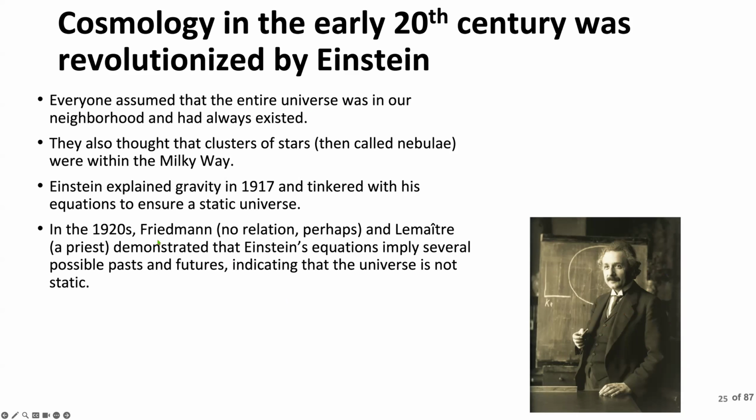But his equations then got investigated in detail by Alexander Friedmann, possibly a neighbor, a relative of mine, although I don't think so, and a Belgian priest, Lemaitre. They took his equations and studied them in detail and discovered that his equations predicted the possibility of a dynamic universe, one that could grow or get smaller.